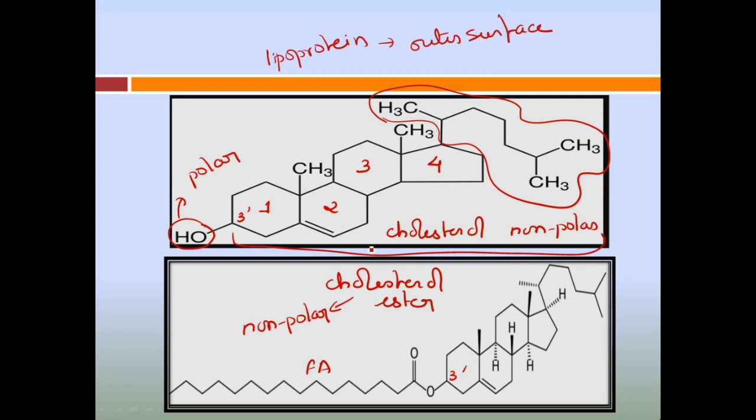So only a small amount of cholesterol can be transported in blood. But when cholesterol forms cholesterol esters, it is totally non-polar, so this can go inside the lipoprotein and more cholesterol can be transported through the blood. Because of this, cholesterol esters are formed in the body. So cholesterol ester is a type of simple lipid.